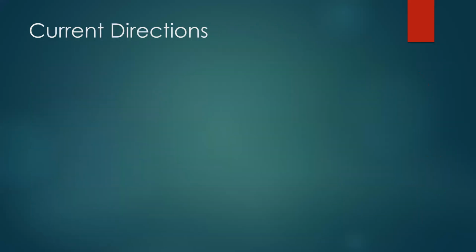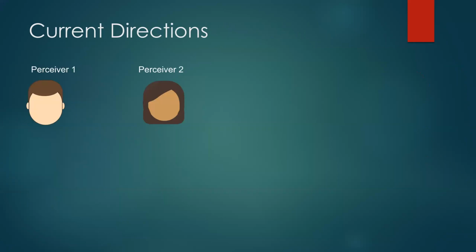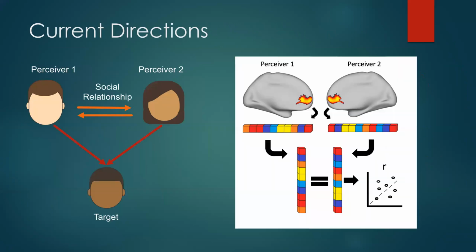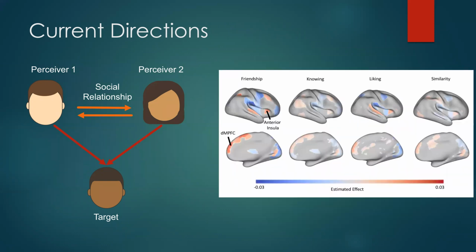Some current directions that we're taking, in a line of research that I'm very interested in, is looking at social relationships between perceivers, and whether the strength of these relationships is predictive of similarity in the representations that they have of a particular group member. So again, pulling these distributed patterns of activity from various brain regions and comparing them across these different perceivers, and then looking at whether certain social relationship measures are predictive of that degree of similarity. And we found exactly that.